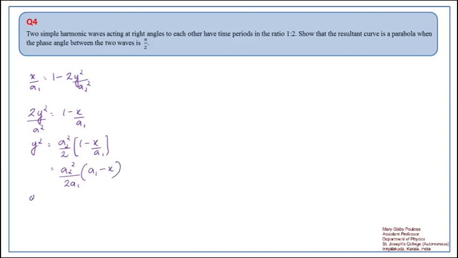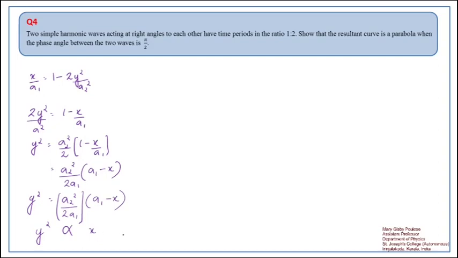So from this expression, y square is equal to a constant, a2 square by 2a1, into a1 minus x. We understand that we have a relation of y square proportional to x. Instead of plus x, it is proportional to minus x. So this represents a parabola.